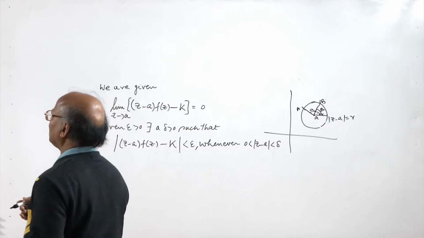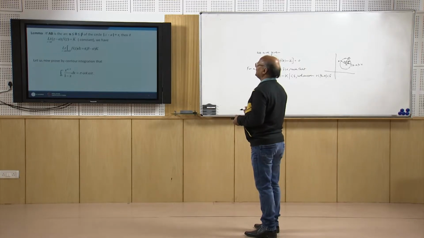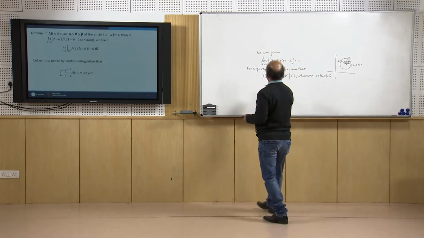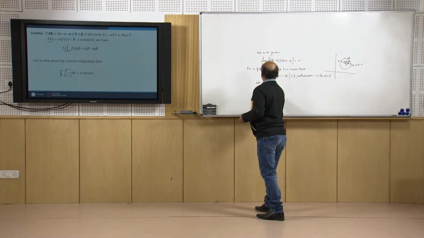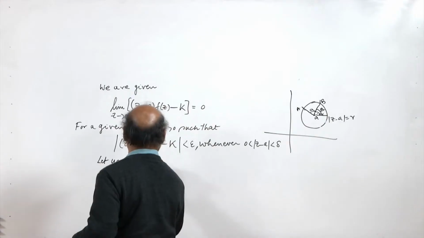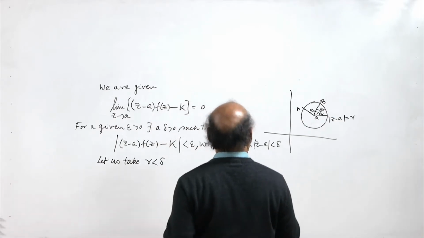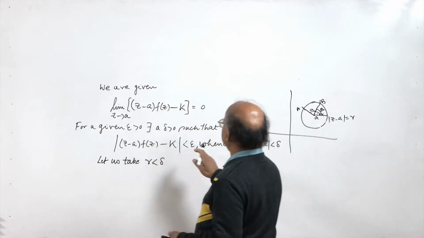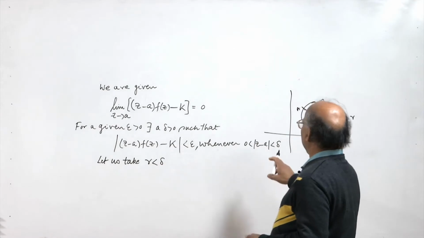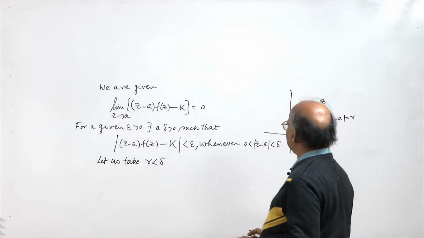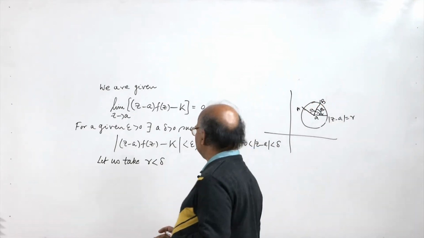So, when r goes to 0, we can take our r to be smaller than the number delta. So, let us take r to be less than delta. Then we have this inequality whenever 0 is less than mod of z minus a less than r, and we are taking r to be less than delta.